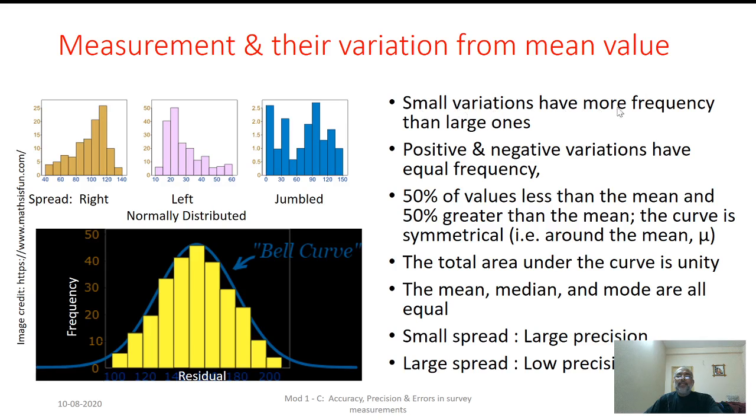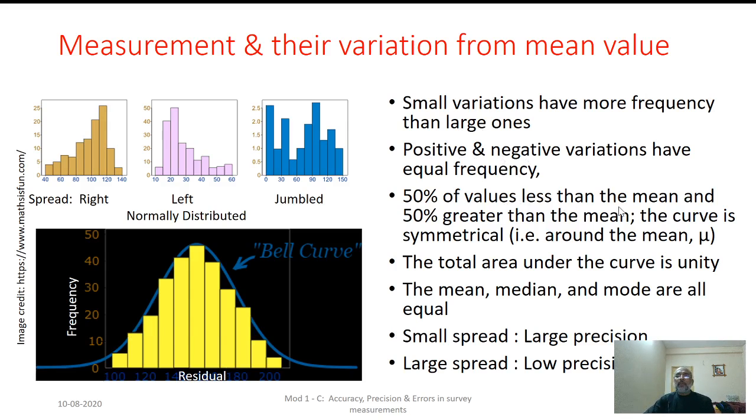The small variations have more frequency than large ones, the way we considered in the earlier figure with respect to the mean value. These small variations occur a number of times, whereas large variations occur with less frequency. As you see here, the deviation towards the right and towards the left, that is positive and negative variations, have equal frequency.